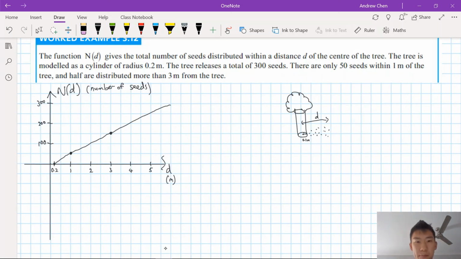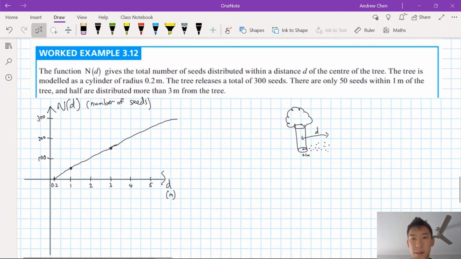Alright, but I don't think we should treat 300 as an asymptote either, because it should hit 300, right? Because that's what we've been told. Okay, so just make your graph. Eventually, it's going to reach 300, and then we'll just stop it there. Okay, hopefully that makes sense to you.